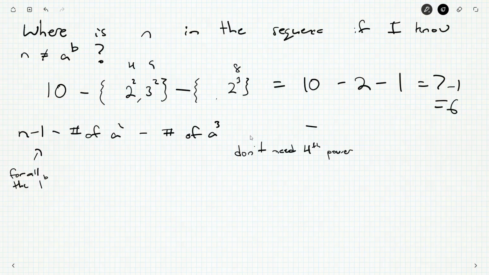Now, some of these cubes might also be squares. Like 64 would be in the square list and the cube list, because it's 4 cubed, but it's also 8 squared. So I also need to get rid of the fifth powers. So minus the number of a to the 5s. These ones will all be fine because they're primes. Then I need to add on the sixth powers.